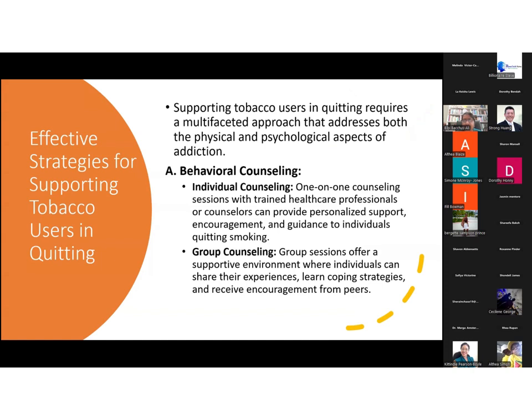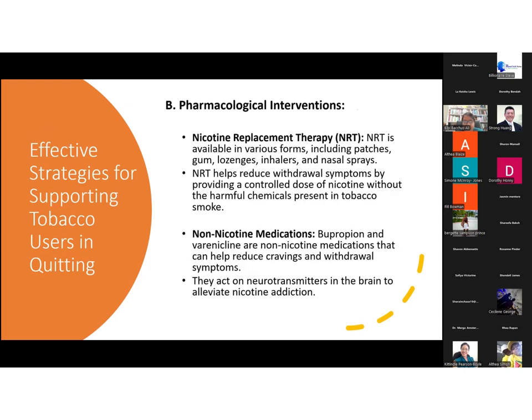And then you have group counseling, where you have group sessions that offer a supportive environment where individuals can share their experience, share their learning, their coping mechanisms, and how to control craving and the steps that they did to stop smoking. And they can also provide encouragement to each other.